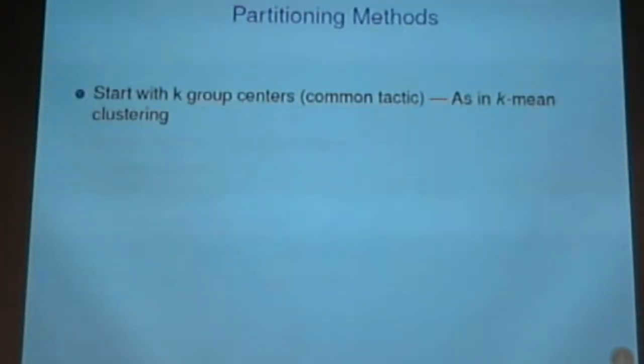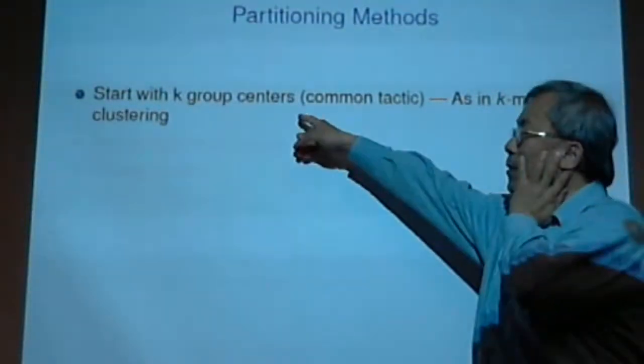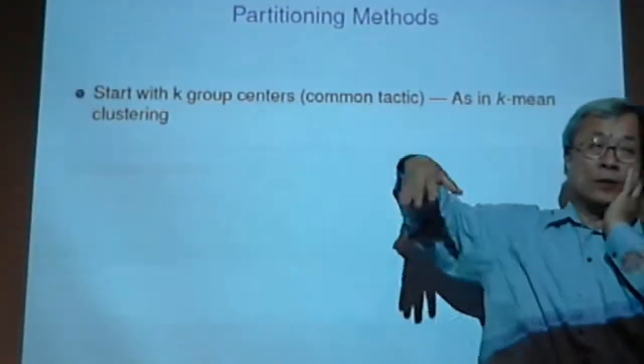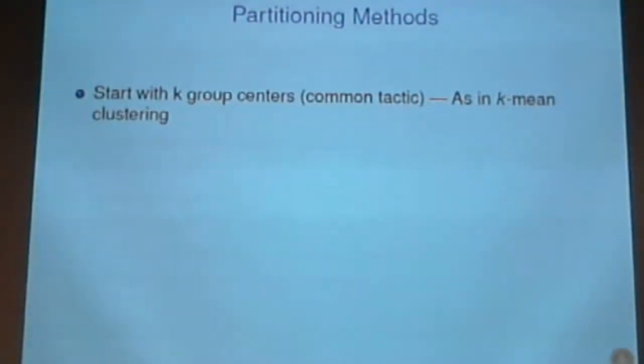Start with K group centers. This is basically a common tactic. How to come up with the centers depends on the algorithm. Some algorithms call for just the centroid, which means the average coordinates of objects within clusters, and some will just start with random centers.